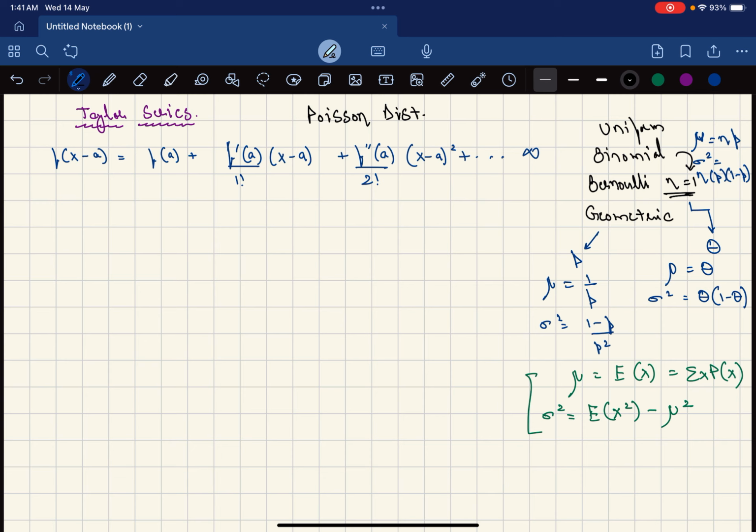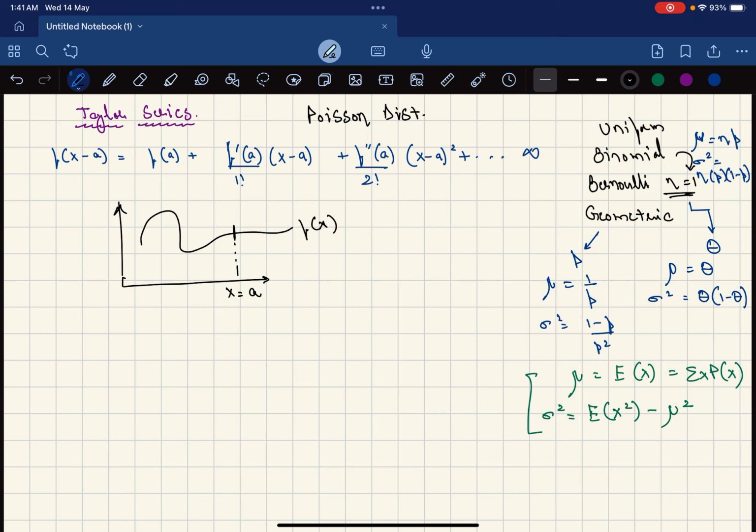Now let us say we have a function. This could be any function. So let us say we have this kind of a function, and we call this f(x). Now let us say we have to compute the Taylor series at a particular point. So let us say we are computing it at x equal to a, and we need to find the expansion at this particular point for this particular function.